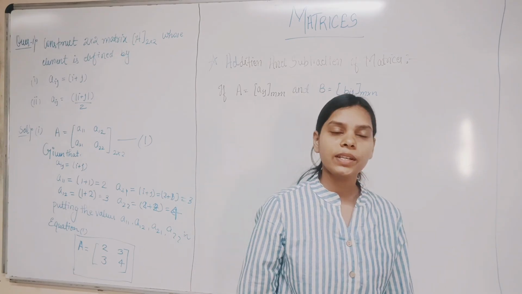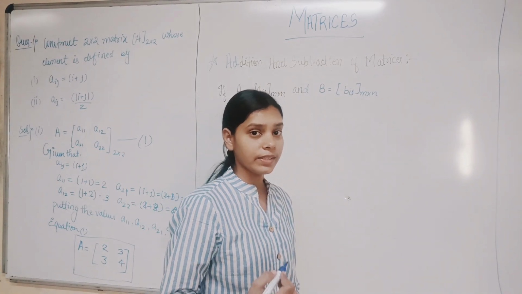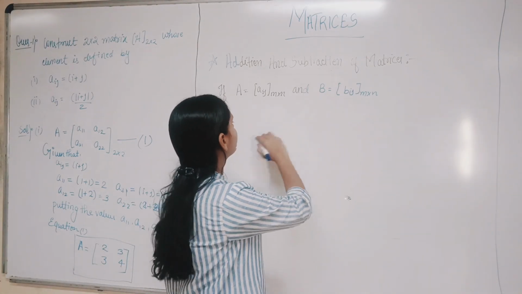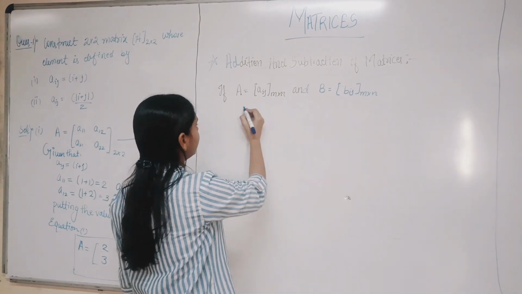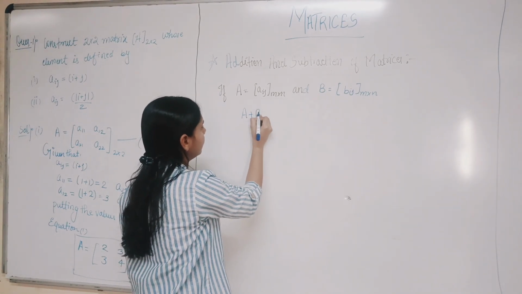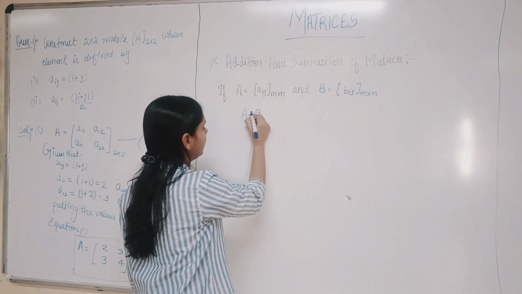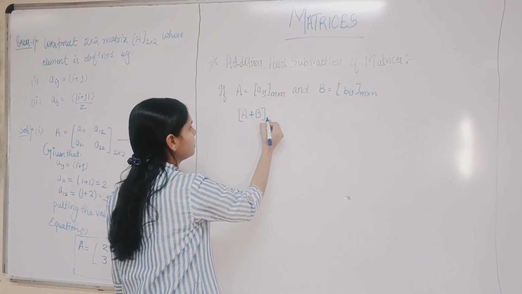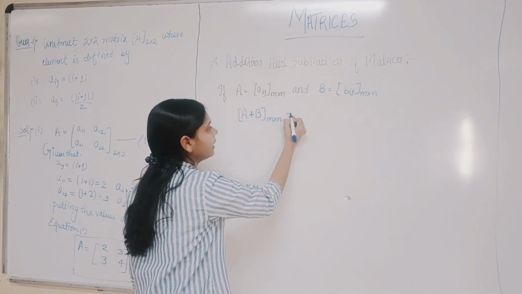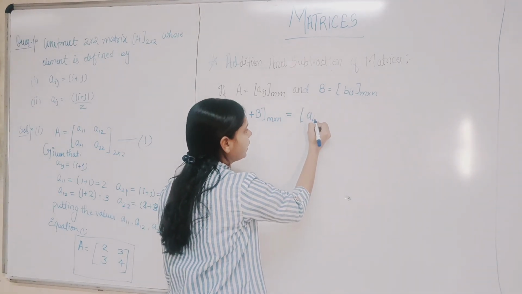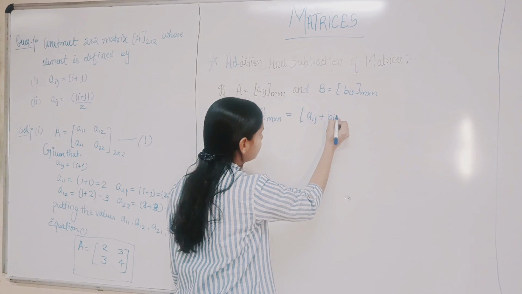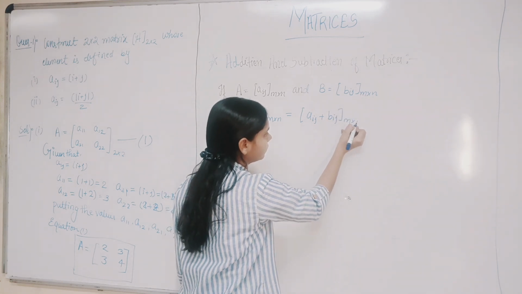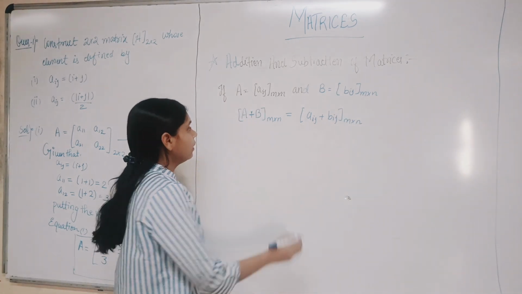Okay. Now the question arises, what does this definition say exactly? Okay. So A plus B, what does it represent? Addition of these two matrices. So A plus B, M cross N, is equal to Aij plus Bij, M cross N. Okay.